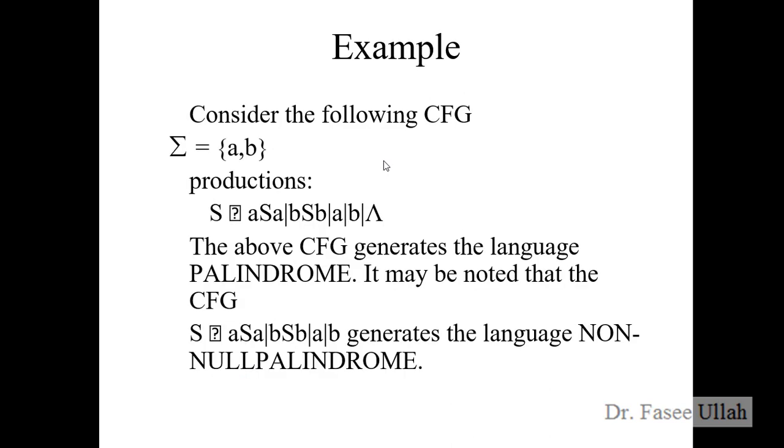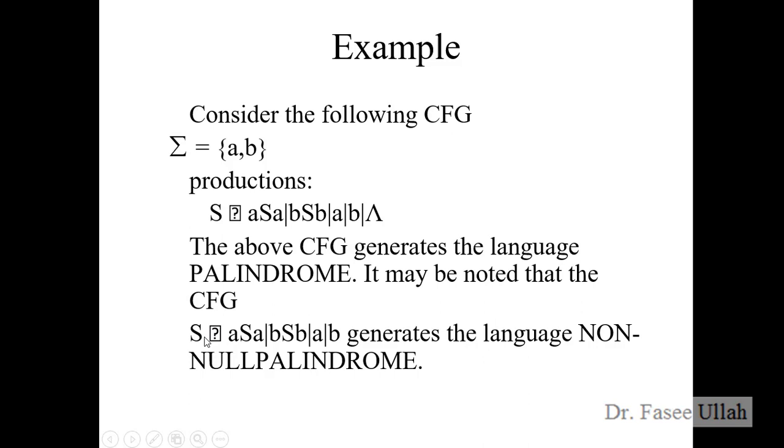Next we have input values A and B. The production rule is S is equal to A, concatenation B, concatenation A, concatenation B, concatenation empty. The above context-free grammar generates the language of palindromes. So such a pattern represents the palindrome.